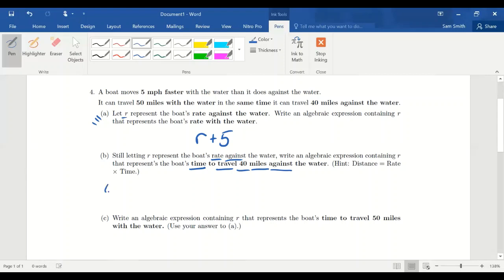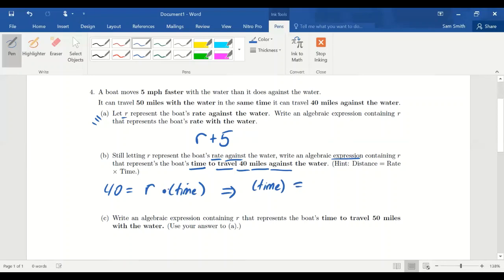So translating that, I would have 40 equals the rate R against the water times the time it would take. Now, if I wanted to write an expression that represents the time, I would rewrite this so that time was all by itself. Time is what?